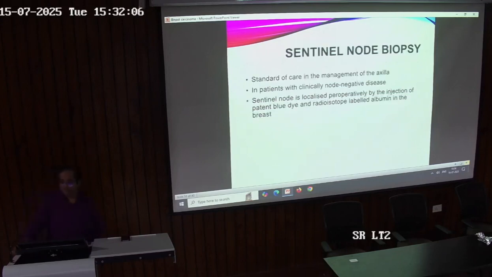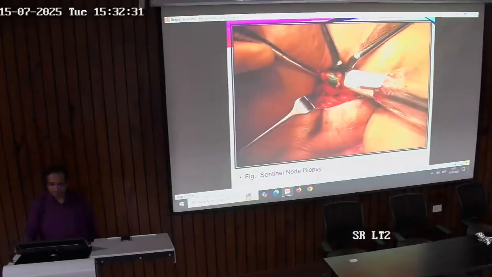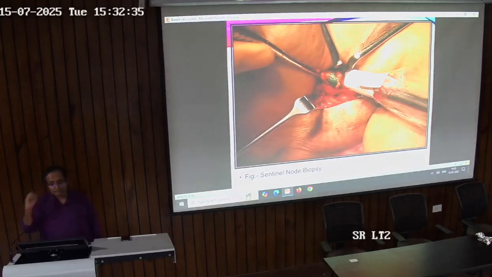Sentinel lymph node, as I already told you in the previous class, has been performed in 3 surgeries: CA penis, CA breast, malignant melanoma, and in some cases CA colon. Standard of care and management of the axilla: in patients with clinically node negative disease, the sentinel node is localized pre-operatively by the injection of patent blue dye and radioisotope albumin in the breast. This is the sentinel node biopsy which is being performed.